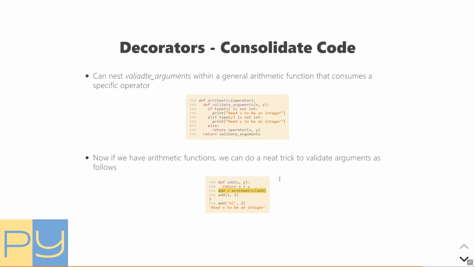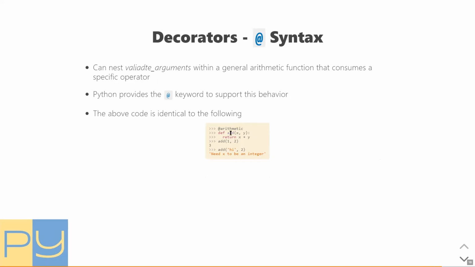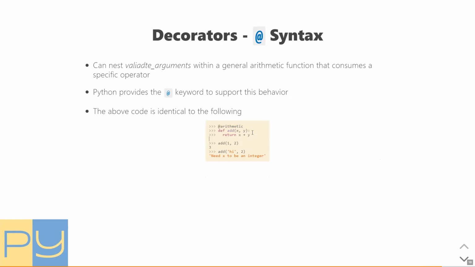So Python's @ syntax, believe it or not, is just a short form for this line right here. As long as you understand what this line is doing, that @ syntax is nothing more than syntactic sugar. You can just think of this as being replaced with add equals arithmetic on add, though you have to do it afterwards, not necessarily before.